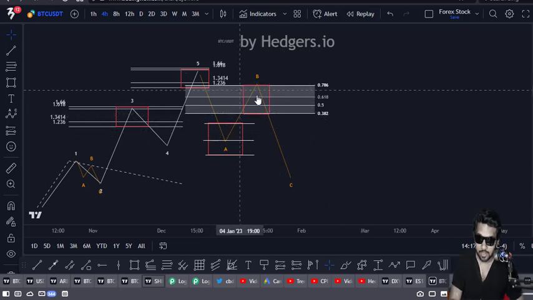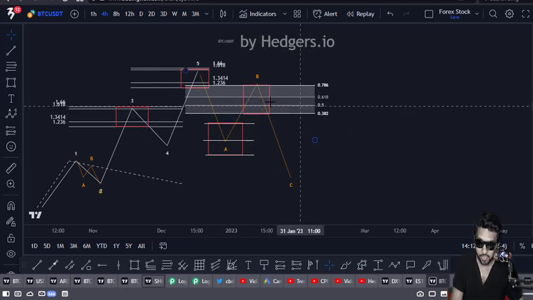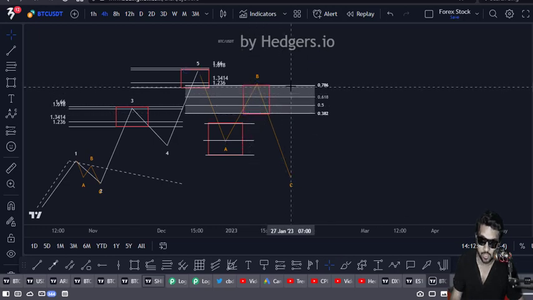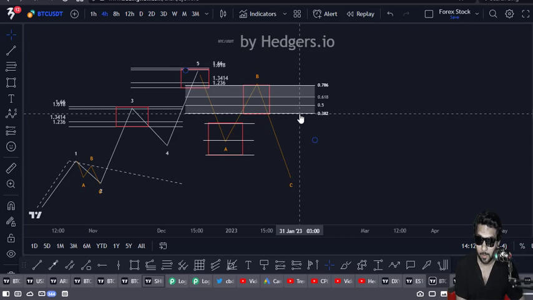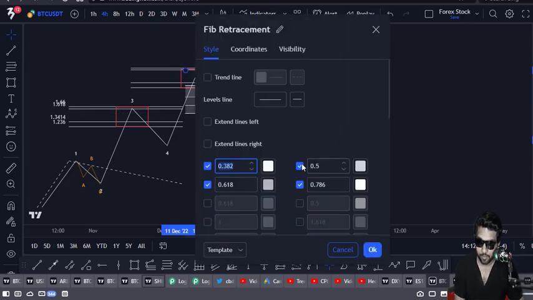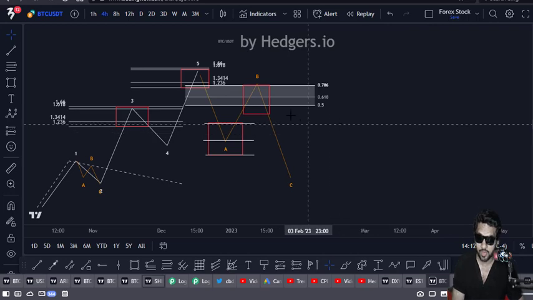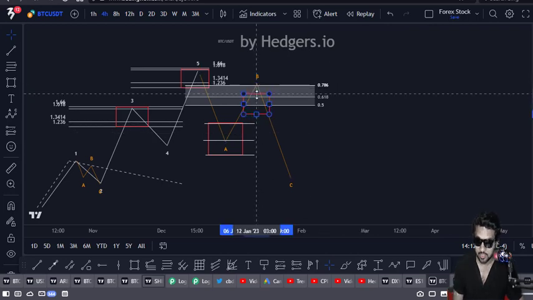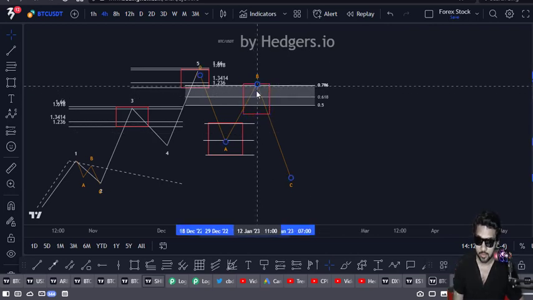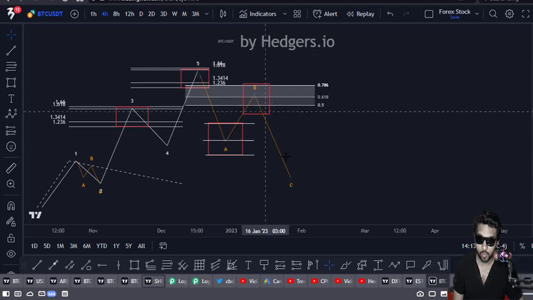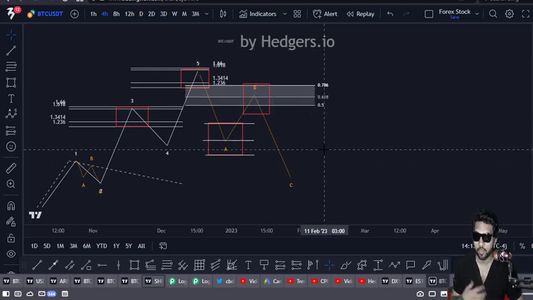Okay, now you're gonna watch for the reaction from these levels, 382, 0.5 and 618. Most of the time what happens, the B wave reacted to 618 and reversed, in terms of the bounce and retracement.